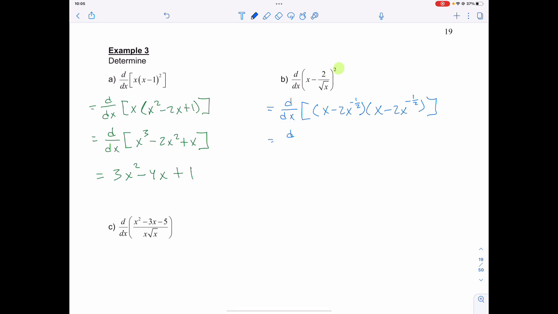Or d over dx of x squared minus 2x to the 1/2 minus 2x to the 1/2 plus 4x to the negative 1.